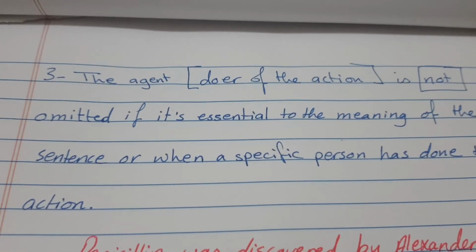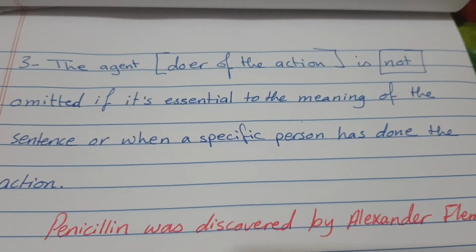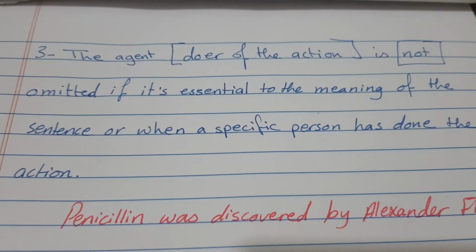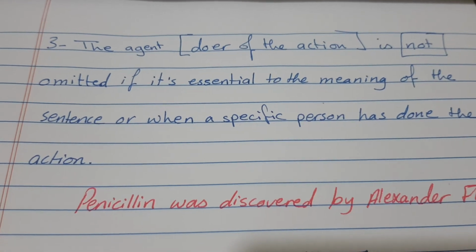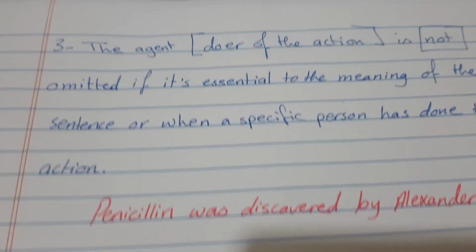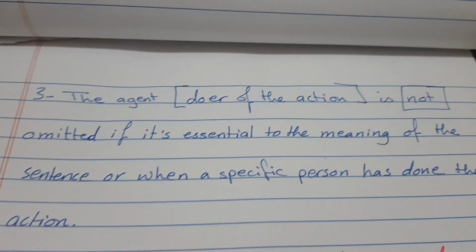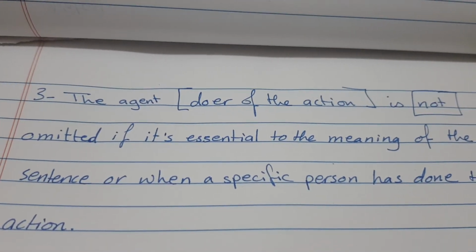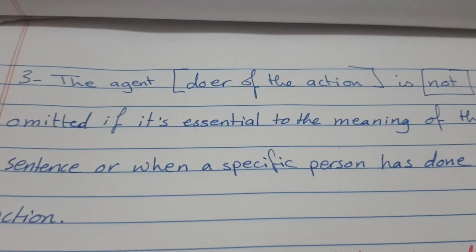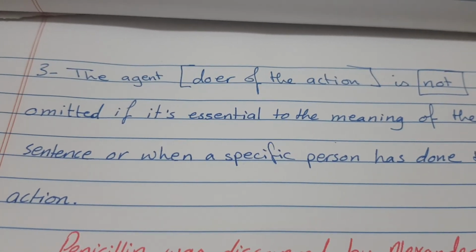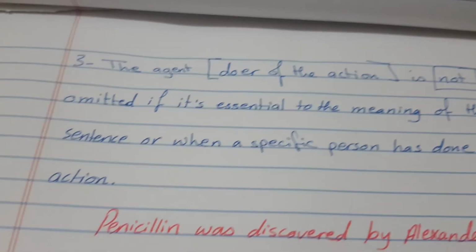Now, the last point for tonight, that is when the agent or the doer of the action is important to the meaning of the sentence. For example, when you have a specific person that has done the action, we keep the agent in the sentence. And we can see this when the sentence is about discoveries, inventions, or doesn't have to be a discovery or an invention.